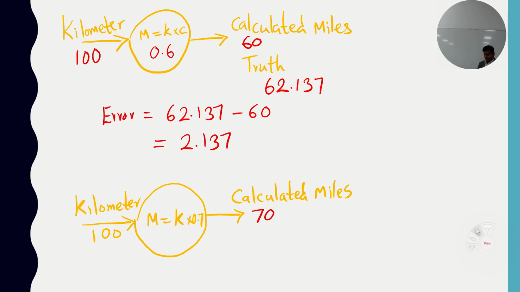And from this observation we can clearly see that 70 is more than what we need. So it's better for us to check the error and see how much that is. In this case, the error would be 62.137 minus 70, so this will be like, say, minus 7.86.